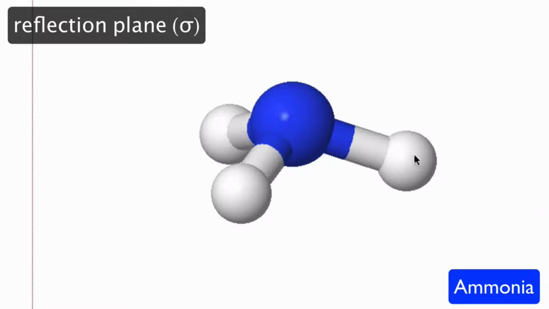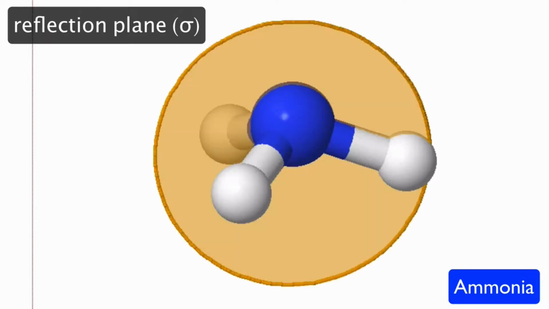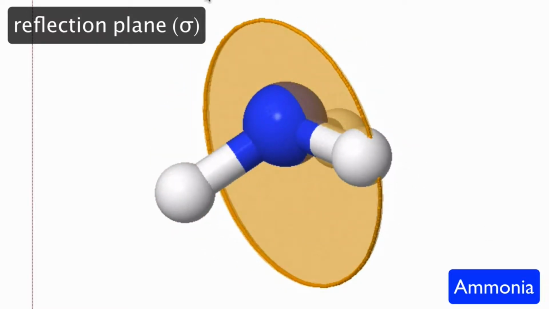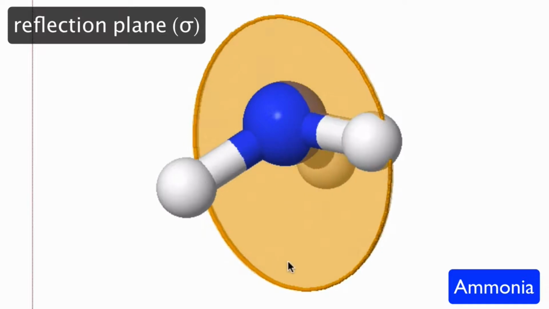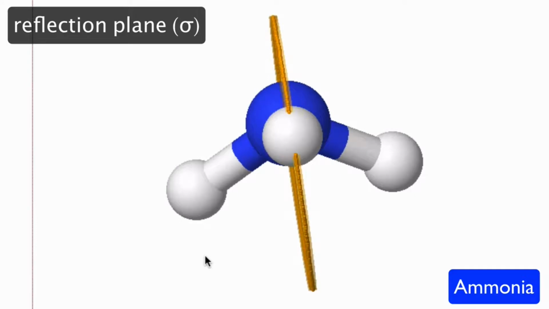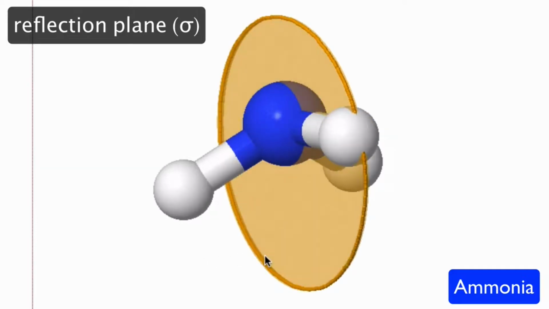We have a vertical reflection plane in the plane of the screen here. There it is, and I'll just turn this so you can get perhaps a better idea for what it looks like. There we are. Okay, so it's coming down between that nitrogen hydrogen bond, one sticking out the front and this one sticking out the back.